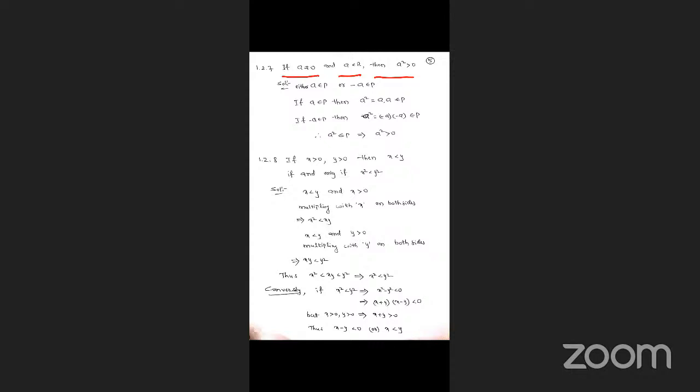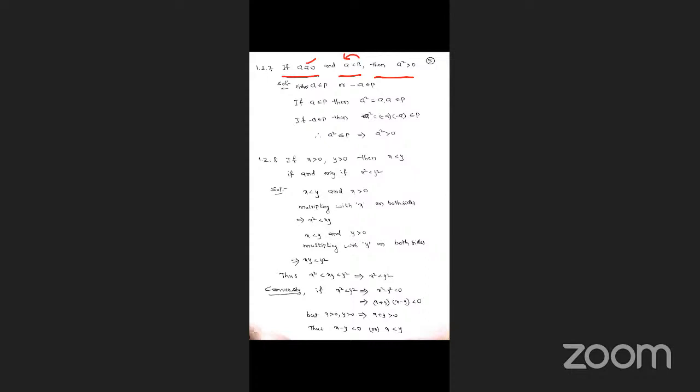We want to prove A square is greater than 0. Here A is not equal to 0 means the number exists, and A belongs to R means A is one of the real numbers, and A is not equal to 0.